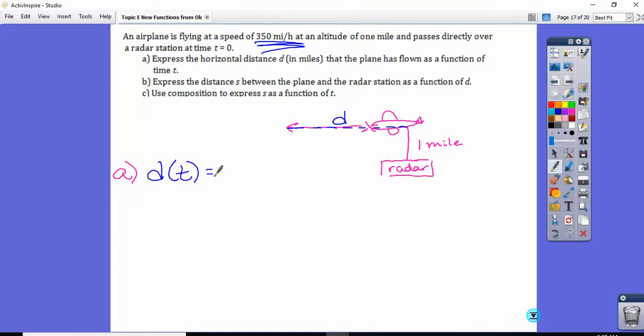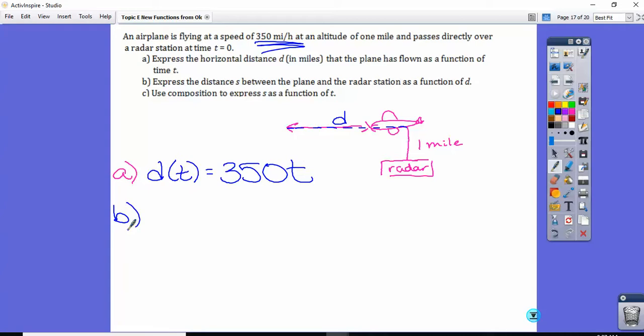So at time 0, my distance is 0. After 1 hour, how far has it flown? 350. After 2 hours, it's flown 700. So what's my formula? 350t. Every hour it flies 350, so just take 350 times our number of hours.